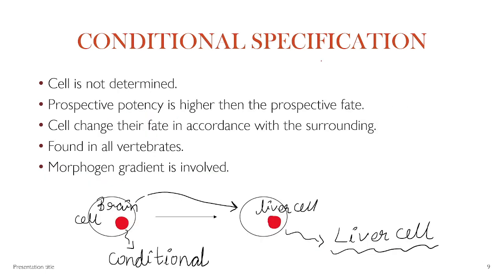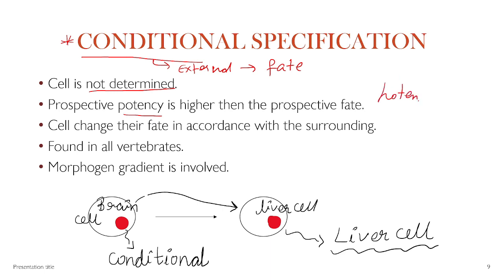Conditional specification. The name suggests itself. The name is suggesting that conditional. Conditional means any external condition would affect its main fate. The cell is not determined over here. Prospective potency is higher than the prospective fate. So potency is higher than fate.